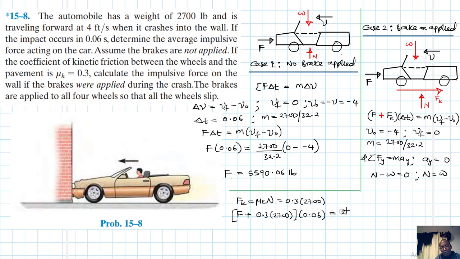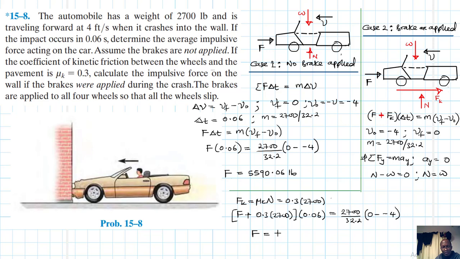This is equal to the mass 2700 divided by 32.2, and then we have V final, which is 0 minus 4. So making F subject of the formula, then we have 2700 divided by 32.2 by 4 divided by 0.06 and minus 0.3 by 2700.